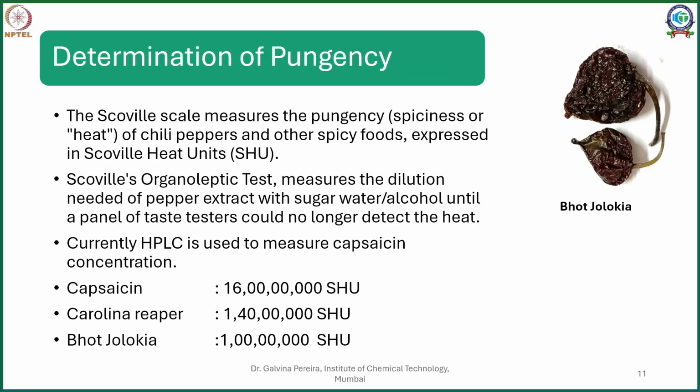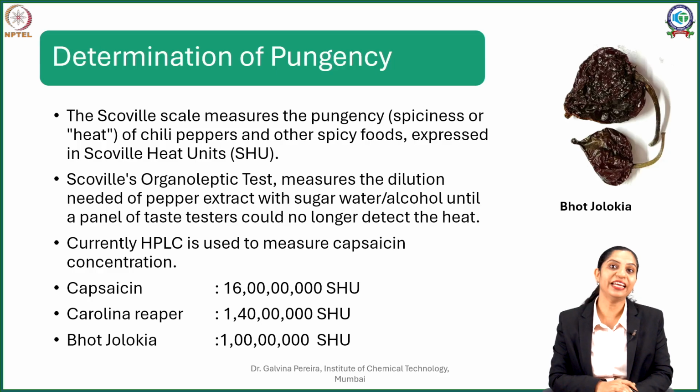One important attribute of chilies is pungency, and pungency is measured by what is called SHU, that is Scoville heat units. The Scoville heat unit is one good measure used in the food industry to check how pungent a particular food product is, not necessarily chili but any food product.